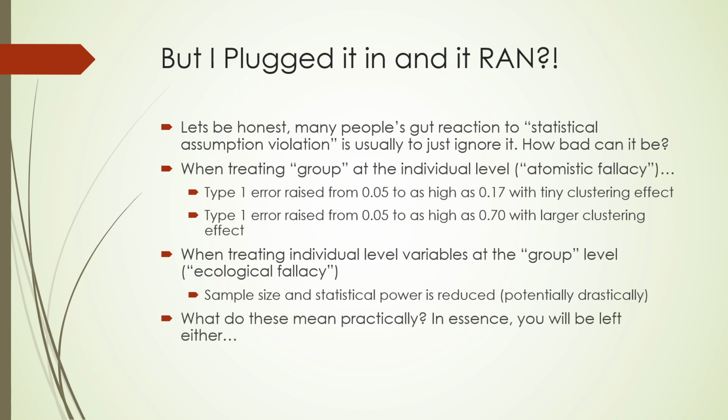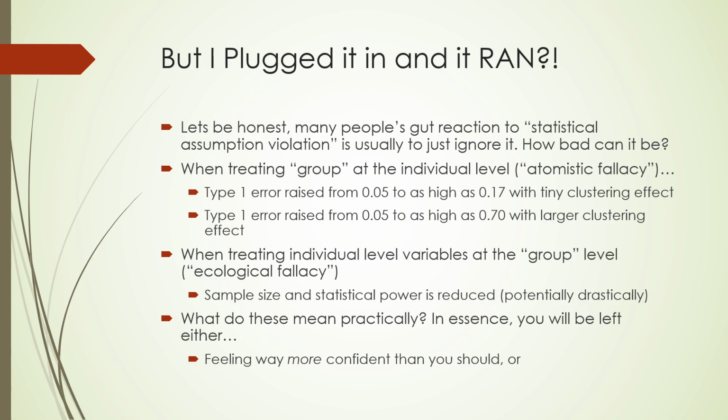But what does type 1 error rate increase really mean, and what does statistical power reducing really mean? In essence, this is what they mean. For the first one, it'll leave you feeling much more confident than you should be. You'll think things are very, very statistically significant when maybe they're marginal, or you'll think things are pretty statistically significant when maybe they aren't at all.